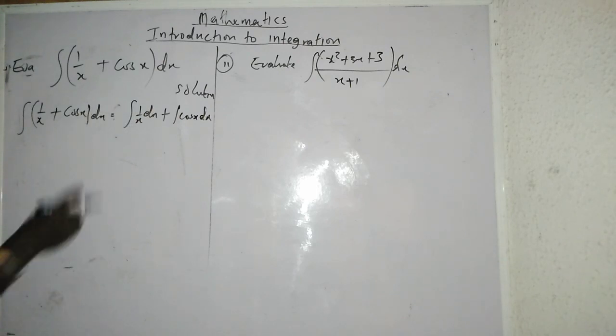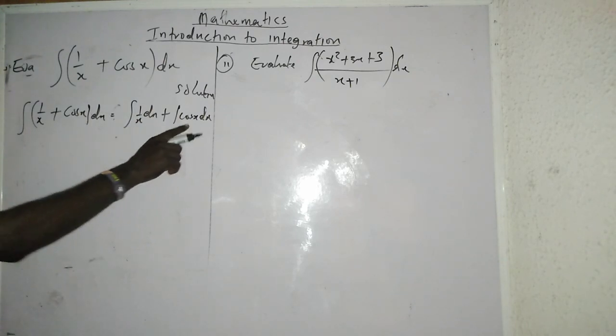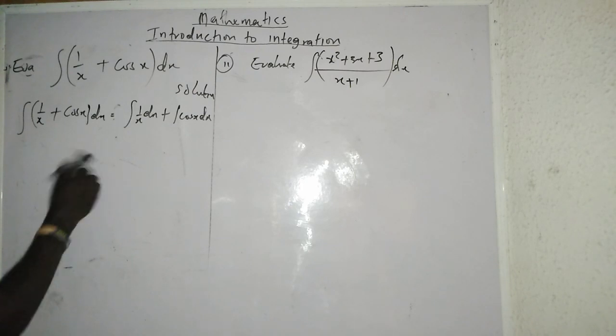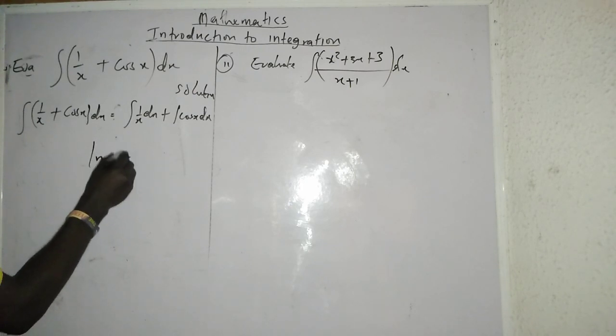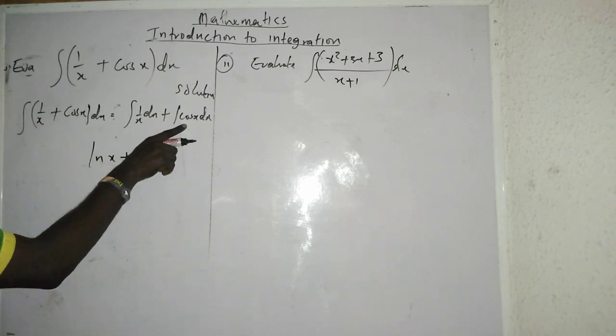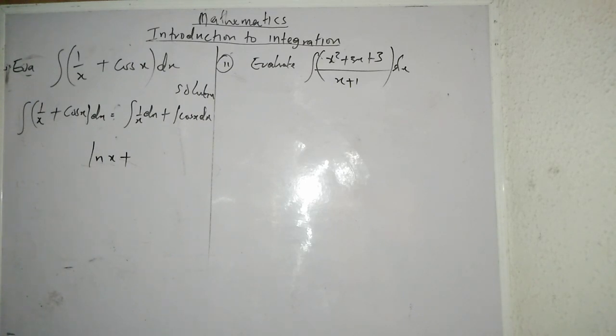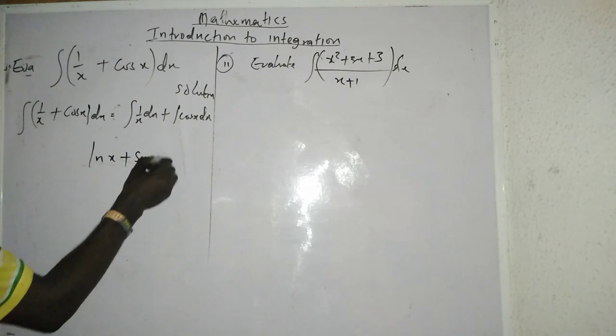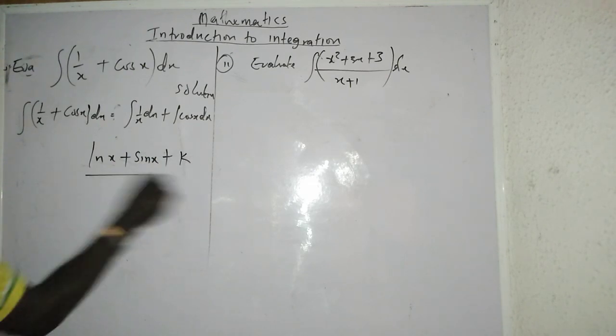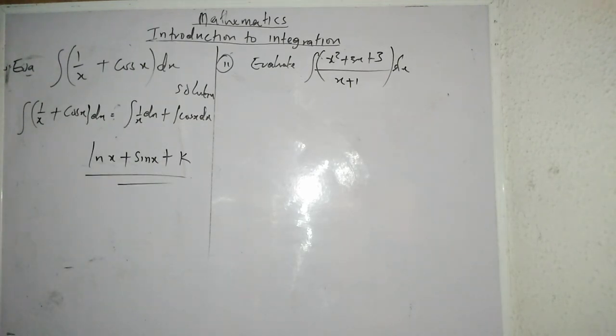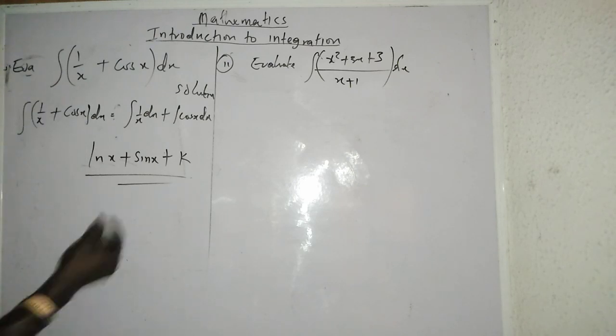Now, these are special cases. I will have ln x plus this one. If I integrate my cos, I will have sine x plus k, my final answer. No problem. That's all.